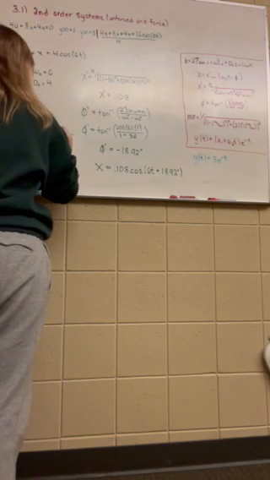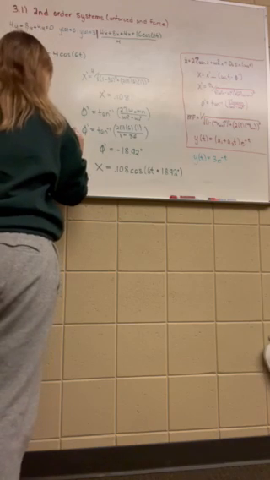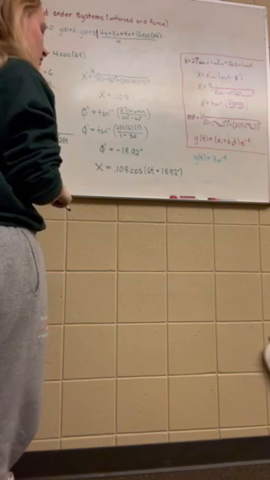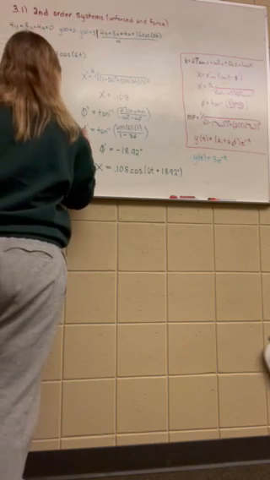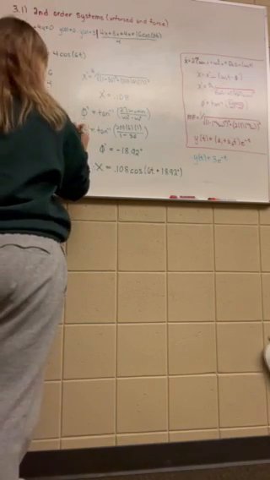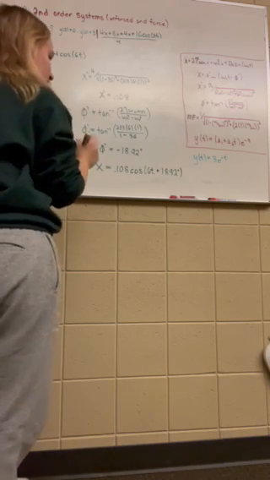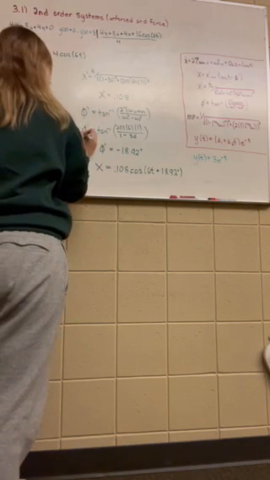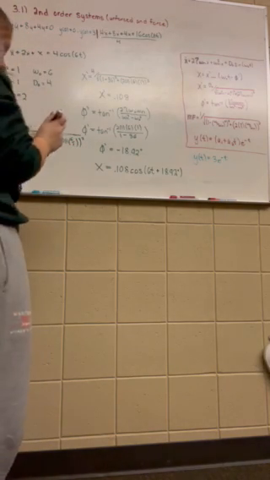And then we add that to 2 times the damping coefficient, which is 1, and then we times that by omega naught over omega n again. And then we square all that too. And this is all going to be under that square root.